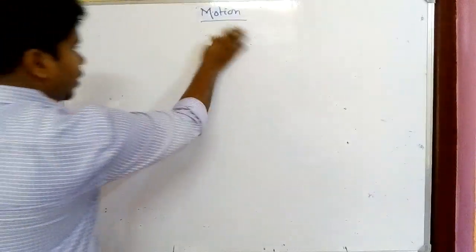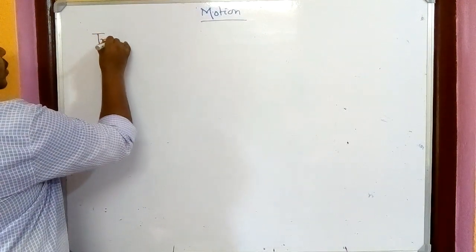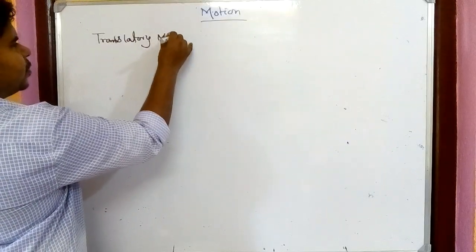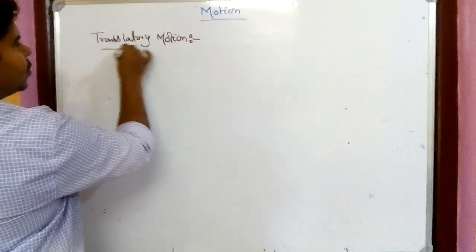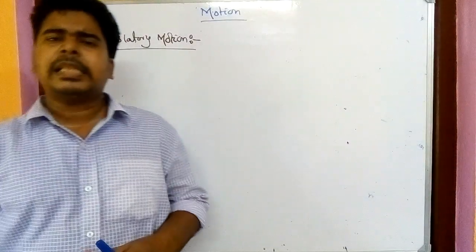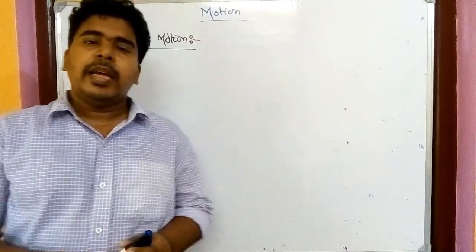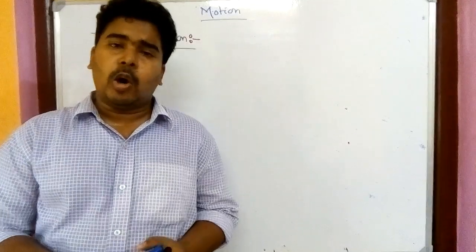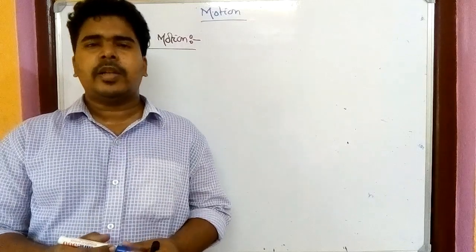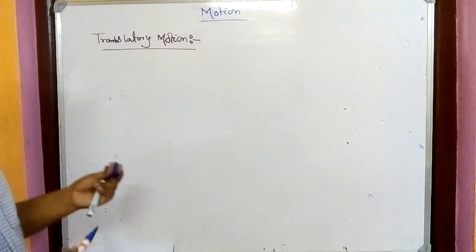Let's see what type of motion this is. Translatory motion. If I want to define translatory motion, it tells us that when a body covers same distance in same interval of time, that type of motion is known as translatory motion. First we write the definition, then we understand it.